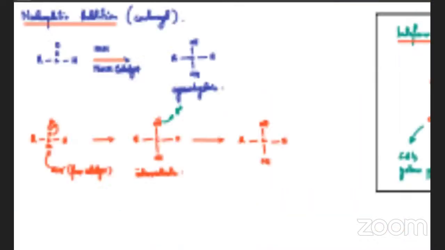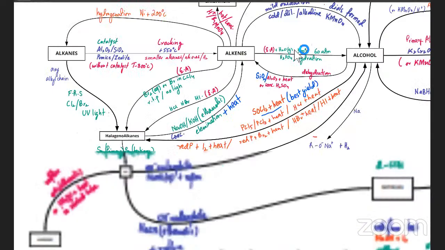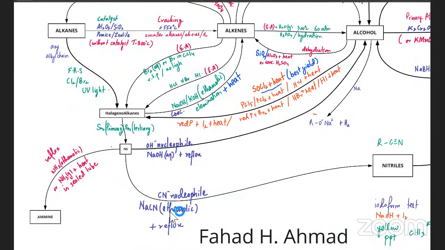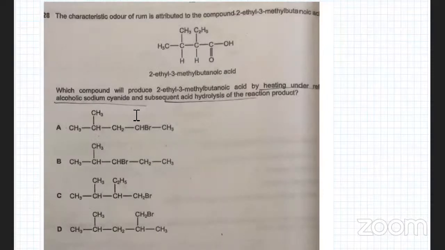So this one, starting with NaCN ethanolic, that's nucleophilic substitution of a halogenoalkane. So we're going to do that first. And they're saying that you're supposed to make this compound, which is given over here. So the Br will get replaced by CN. In all these cases, you'll have an H, and the Br will get replaced by CN.